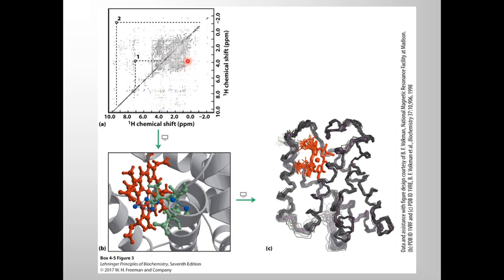The off-diagonal peaks that are shown here are what are called NOE signals, or nuclear Overhauser effect signals, generated by close range interactions of protons that may generate signals quite distant in the one-dimensional spectrum. So two such interactions are shown here.